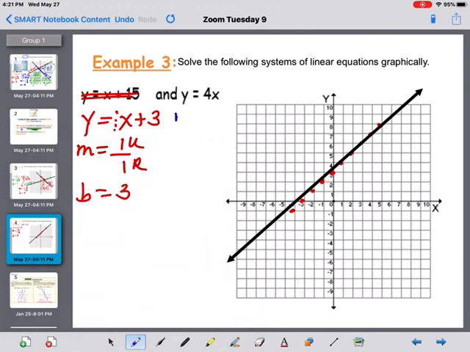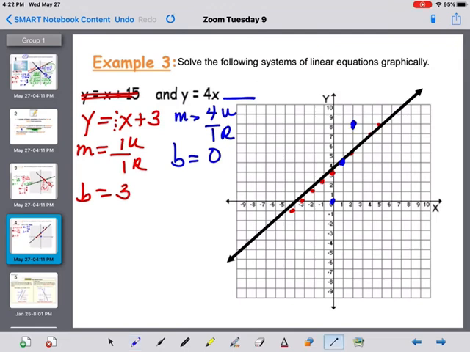My second equation, y equals 4x. We have a slope of 4/1. And then remember, my y-intercept comes after the x term, but since there's nothing there, that means I have a y-intercept of 0. So from 0 on the y-axis, I'm going to go up 4 and to the right 1. Since both of my numbers are positive, I have a positive slope. And I can see as soon as I plot that first point, that is going to be my solution.